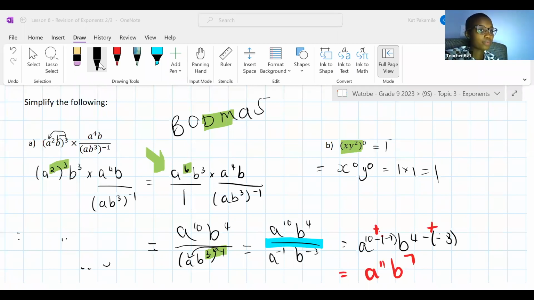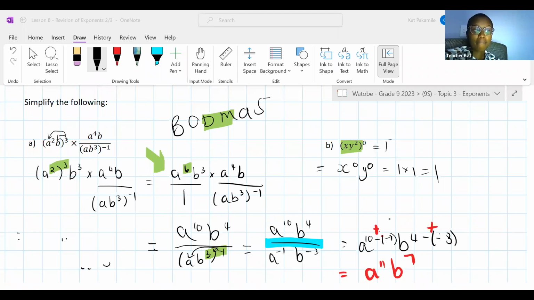Ma'am, I tried doing some A, but I got A to the power of 9 and B to the power of 7. Oh, you know what you did? You forgot to do the minus for A. So you said 10 minus 1. That's how you got the 9. You see that?